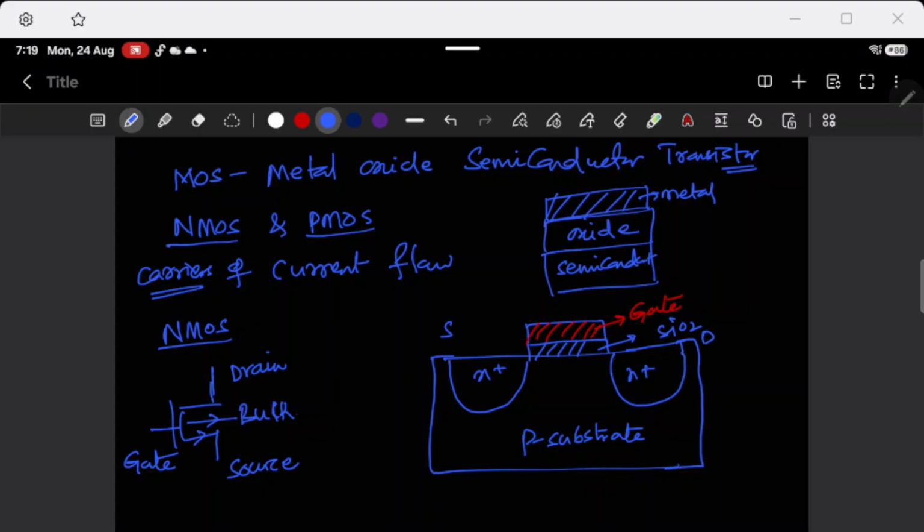Why is it called NMOS? Because if there is a current flow between drain and source, then the transistor is on, and the carriers are electrons, while in a P substrate the majority carriers are holes. Because of this carrier flow, it is called NMOS.